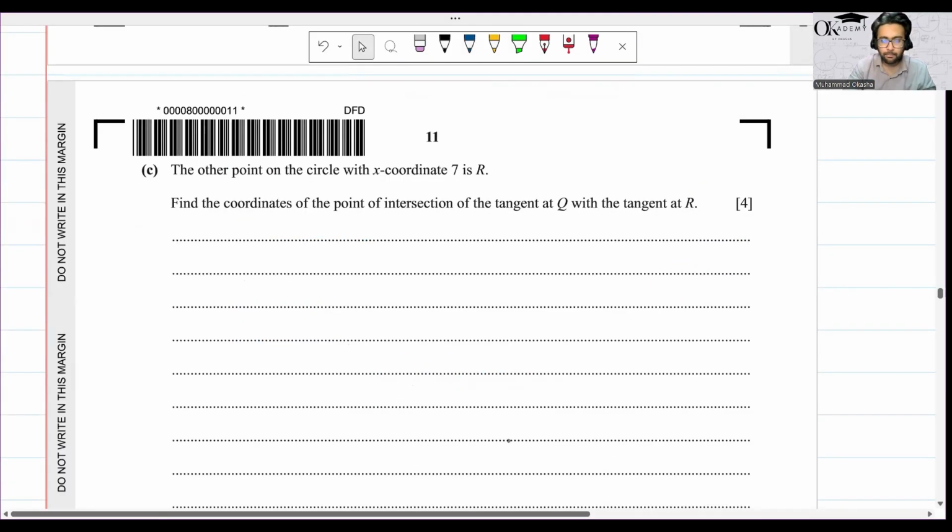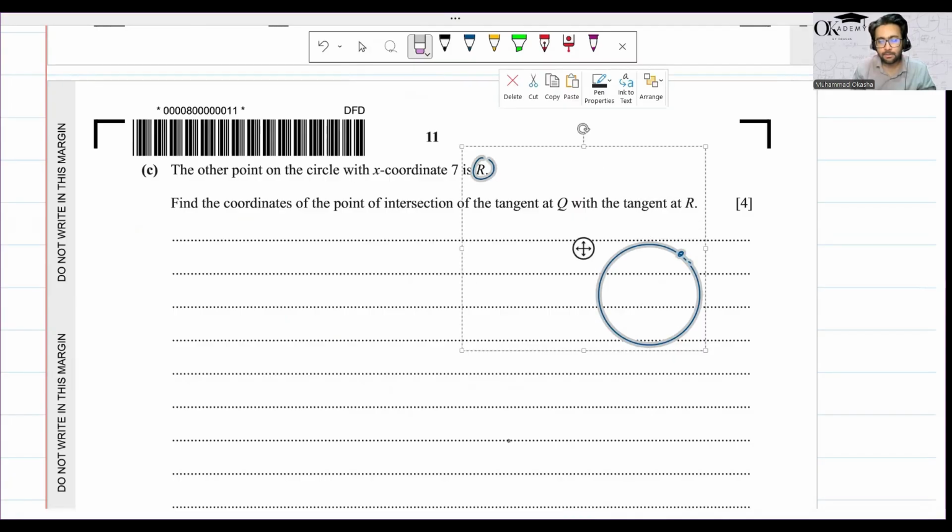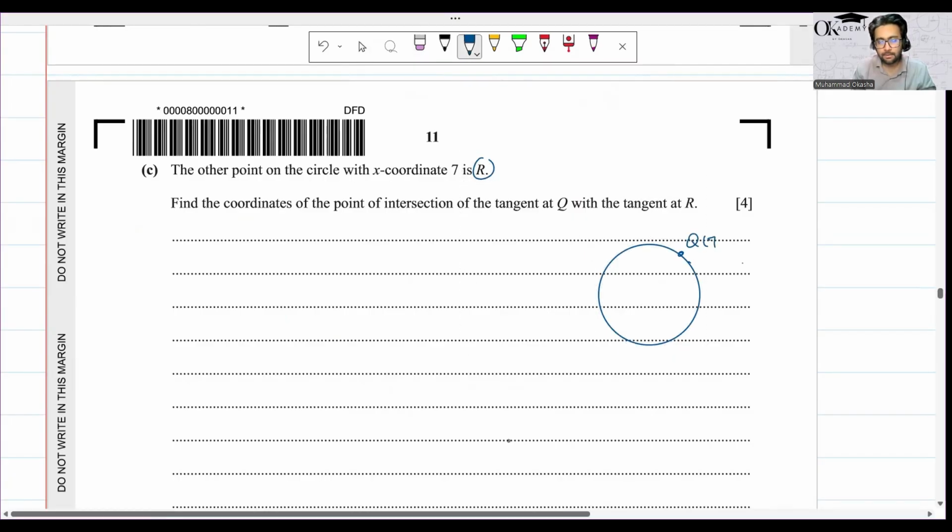Next, the other point of the circle with x coordinate 7 is R. So I'm going to draw the same circle, right? And we had this point Q, and point Q was 7, 11. And we already have the tangent through the point from the last question.